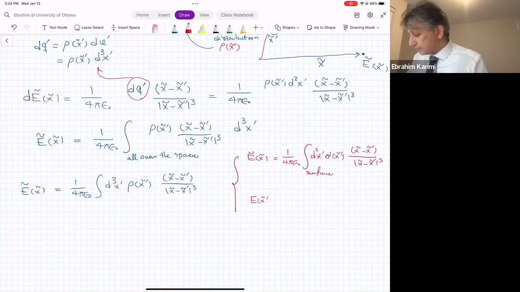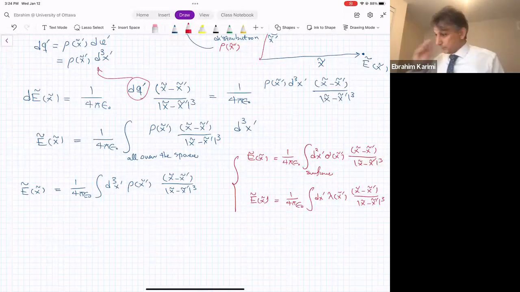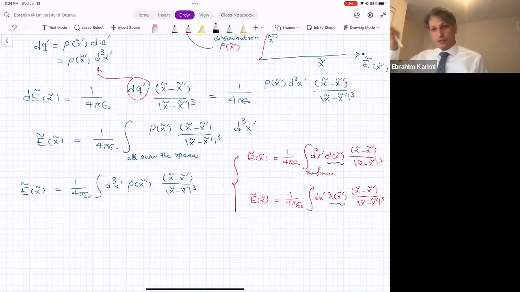E of x will be 1 divided by 4 pi epsilon naught, integral of dx prime lambda of x prime, x minus x prime divided by the magnitude of x minus x prime to the power of 3. Sigma and lambda are charge distributions on the surface and on the line. So one is q divided by s, the other one is q divided by l, the length, of course. I mean, you have to do the mathematics.